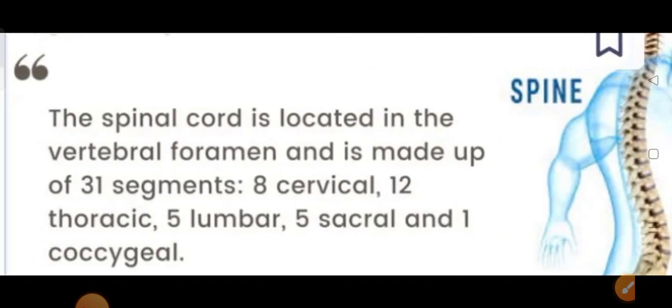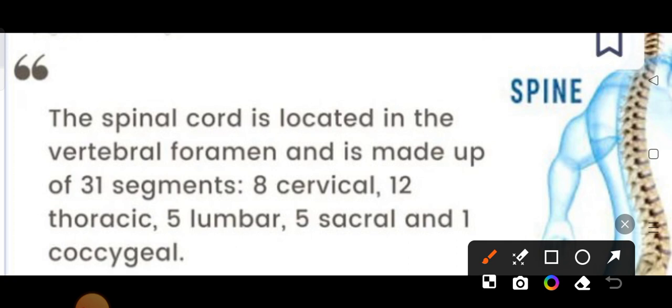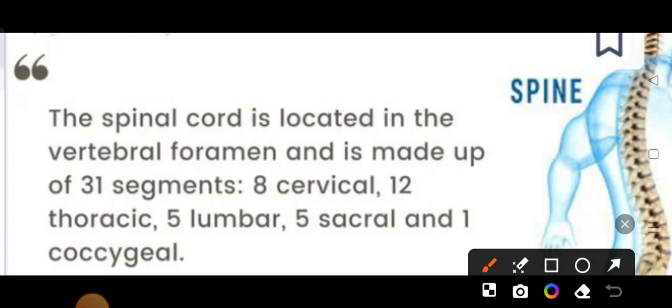The spinal cord is located in the vertebral foramen and is made up of 31 segments: 8 cervical, 12 thoracic, 5 lumbar, 5 sacral and 1 coccygeal. You have to keep this in mind.